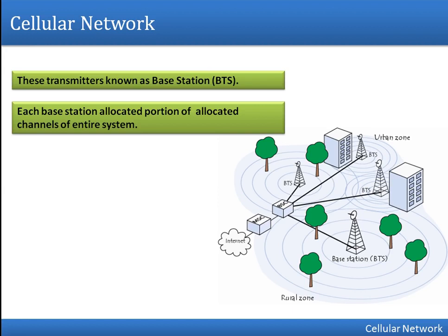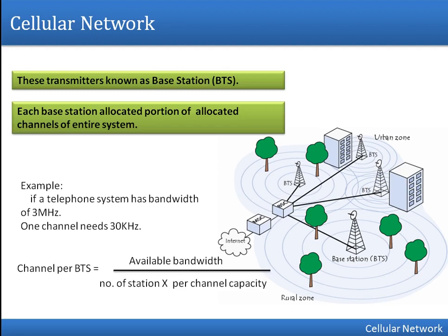Now, if we have some frequency, let's say the total frequency is T, and we have four base stations, then every base station will get T by 4 frequency. So for channels per BTS, if you want to find out how many channels we have per cell, first we find the portion of frequency allocated for one cell.